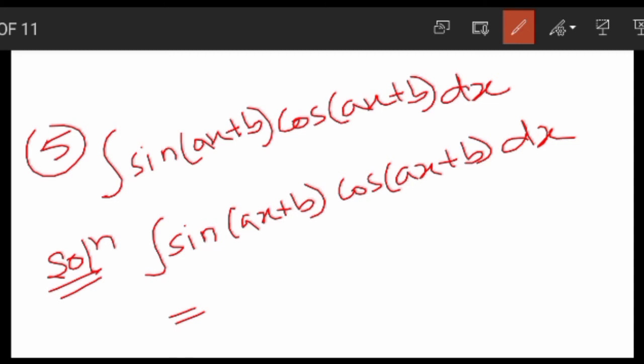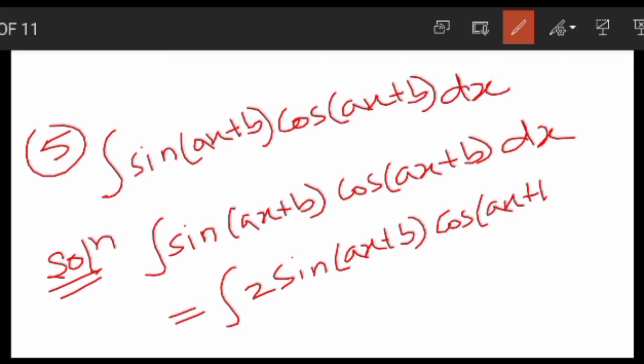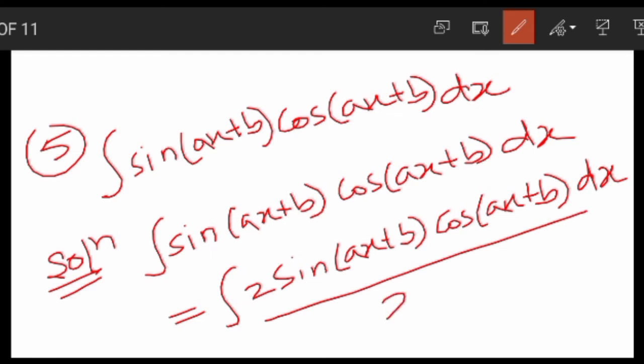Now we rearrange these terms a little bit by multiplying and dividing by 2. Multiplying and dividing by 2, we get 2 sin(ax plus b) cos(ax plus b) into dx divided by 2.